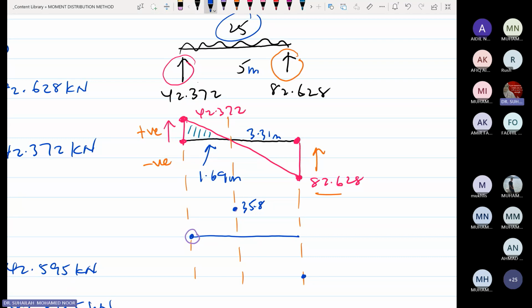And then yang ni negatif. Sebab dia duduk dekat negatif. So 35.8 minus the area. 3.31, 82.628 and 0.5. What do you get?